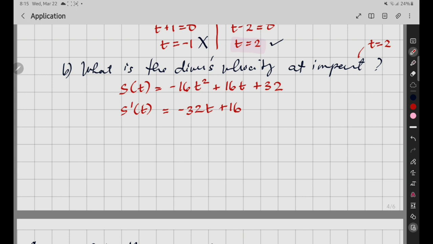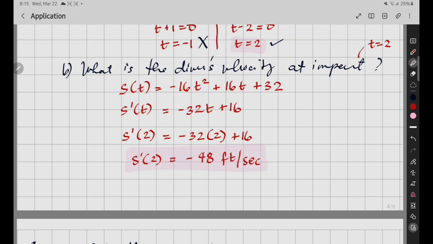To find the diver's velocity, we evaluate that at 2 seconds. So we have negative 32 times 2 plus 16. The answer would be negative 48 feet per second. So this is now the diver's velocity when it hits the water.